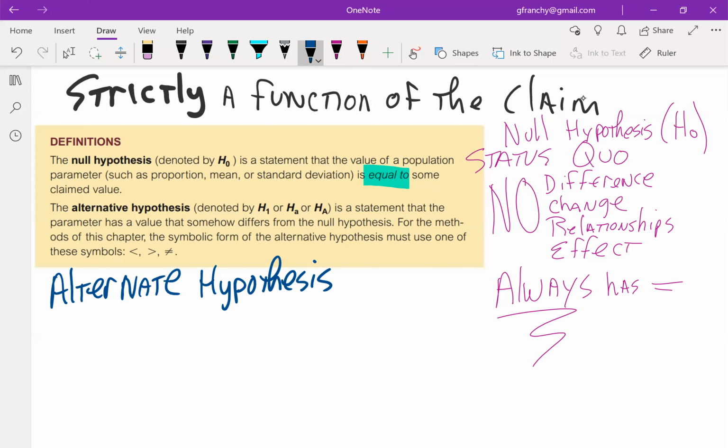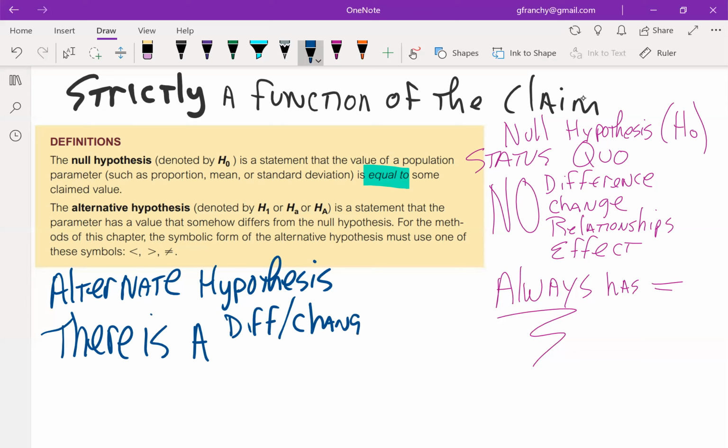So this would represent that there is a difference, a change, a relationship, or an effect. The new drug works, this weight loss program works. That's what's represented by the alternate hypothesis.